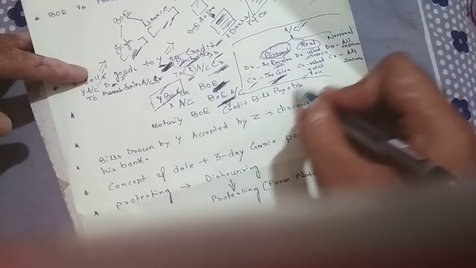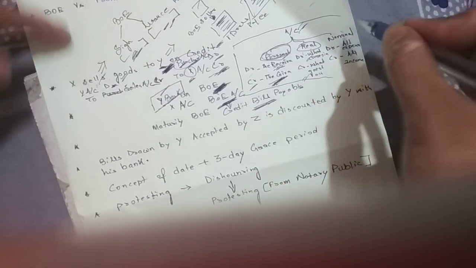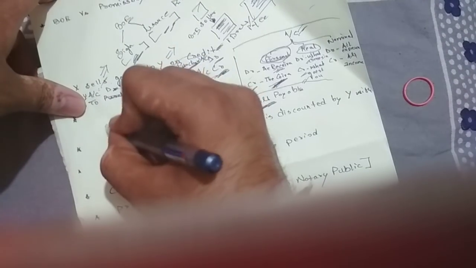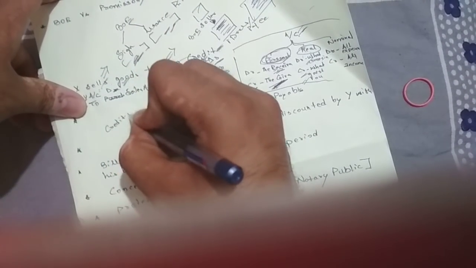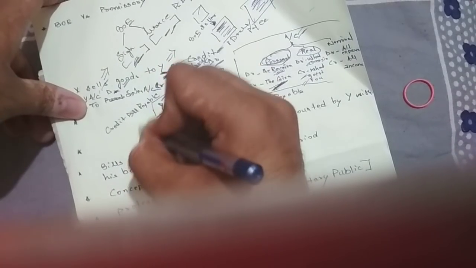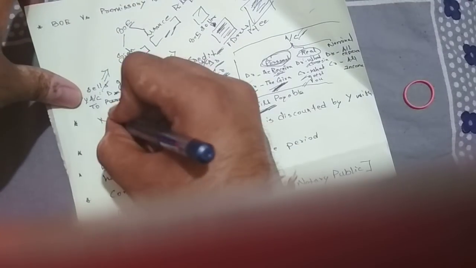Now bills payable is a payment in future, so it is nothing but a real account, and for Y this bill will be paid, so what goes out is credited. So bills payable is credited, and the other account, that is X account, will be debited. So this is the gist of the chapter.